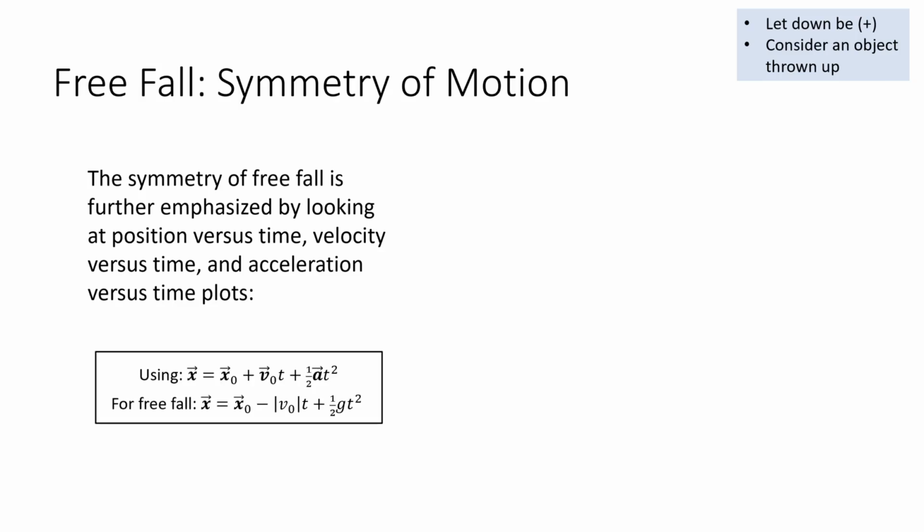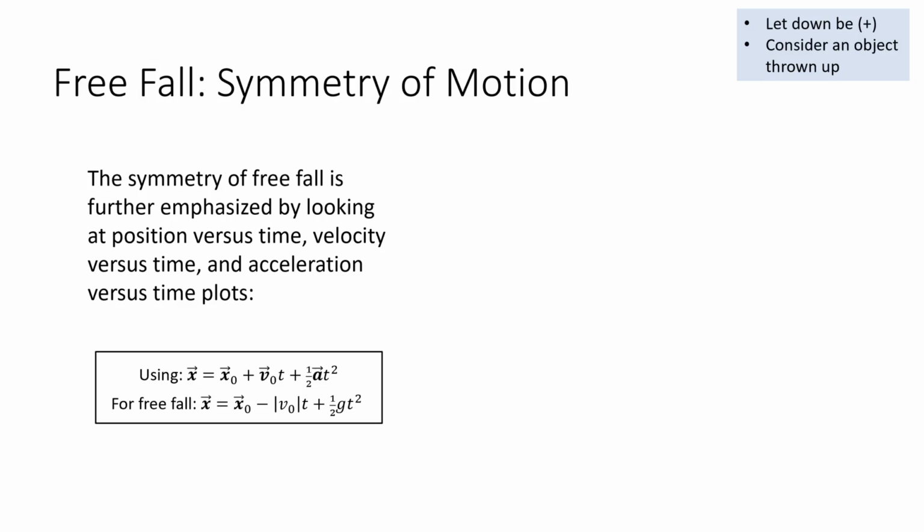And so that means we want to use x equals x naught plus v naught t plus 1/2 at squared. Plugging in our appropriate information here, we have an initial velocity equal to negative the magnitude v naught, and we have acceleration, which is positive g.